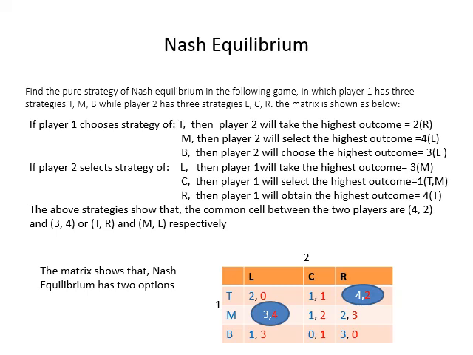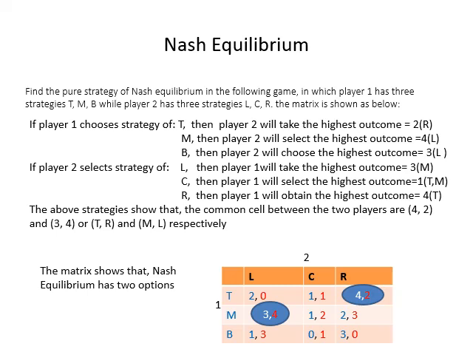Let us move to the second choice of player 1. If player 1 chooses strategy M, let's move to the M row.